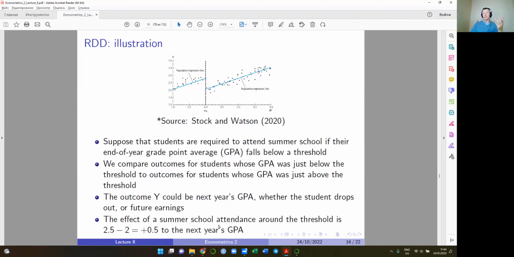So yes, in this case, it's going to be something like 2.5 minus 2. But if you compare the full sample average of this group and this group, as we have discussed last lecture, which is the difference estimator, you will not get anything reasonable.